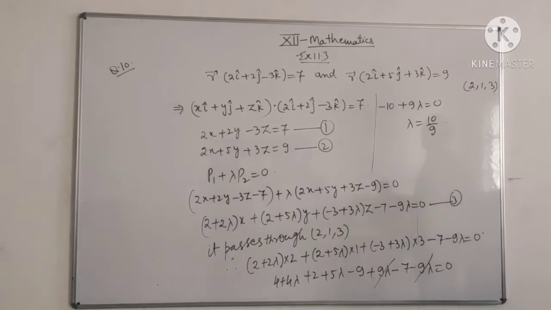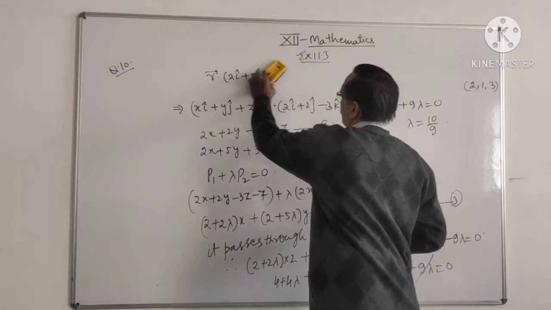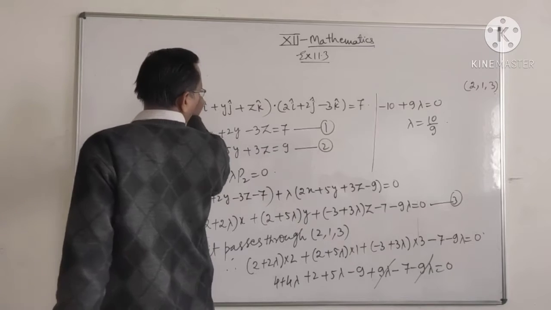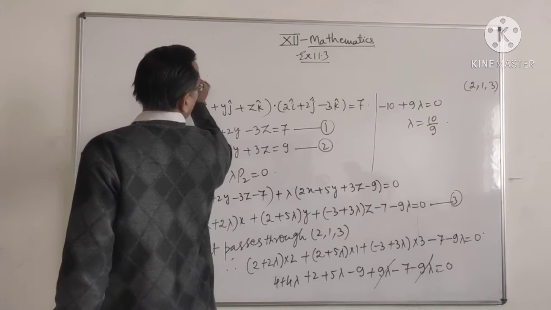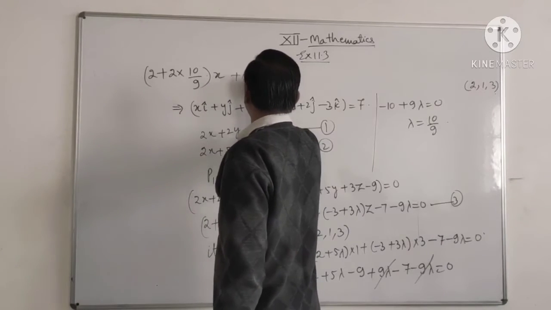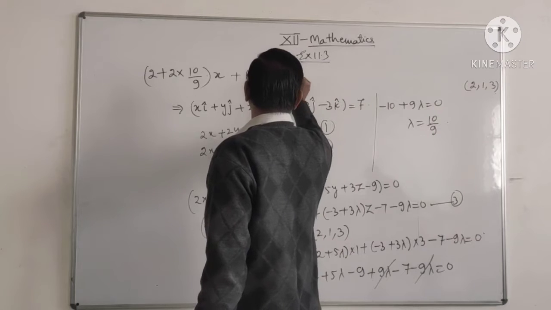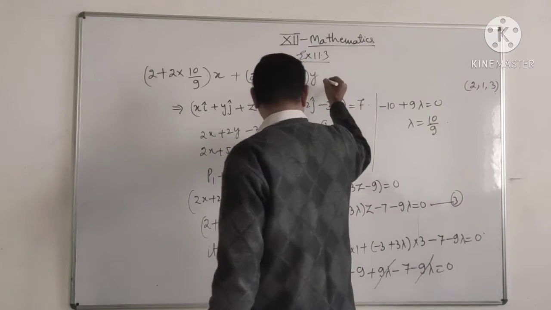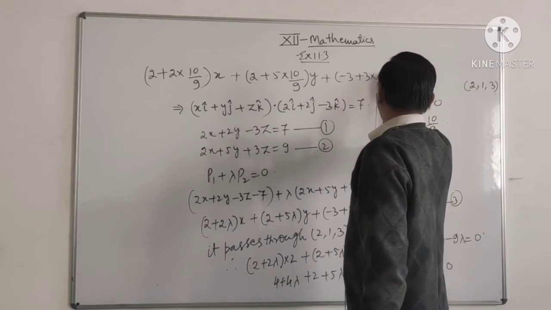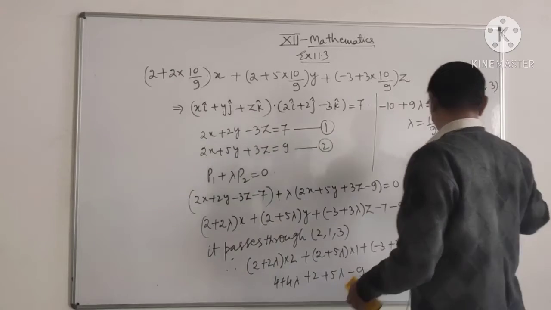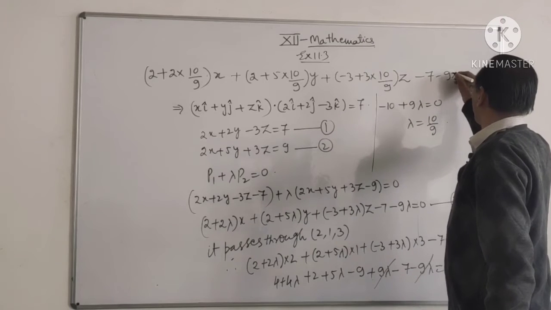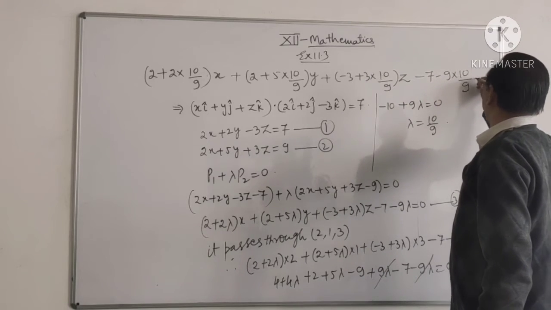Now the equation of required plane is 2 plus 2 into 10 upon 9 into x plus 2 plus 5 into 10 upon 9 into y plus minus 3 plus 3 into 10 upon 9 into z minus 7 minus 9 into 10 upon 9 equal to 0.